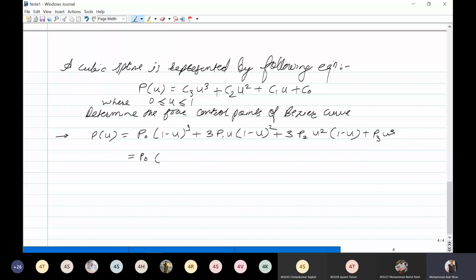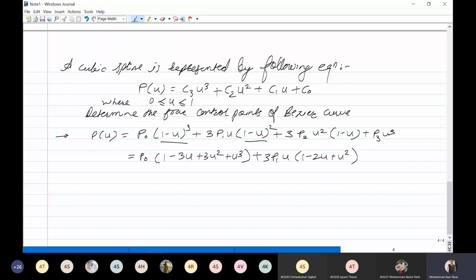I'm splitting this: 1 minus 3u plus 3u square minus u cube. Okay, so this cube bracket is split. Then plus 3P1 u, then 1 minus 2u plus u square for this.